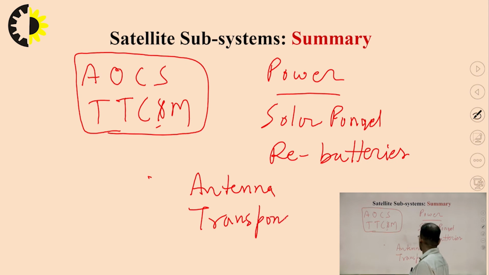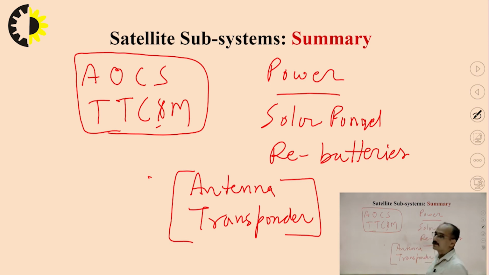Combined, they make the communication part. So this is all about the satellite subsystems, and these five are the main blocks of a satellite, which combined make a satellite and make a proper satellite communication system.